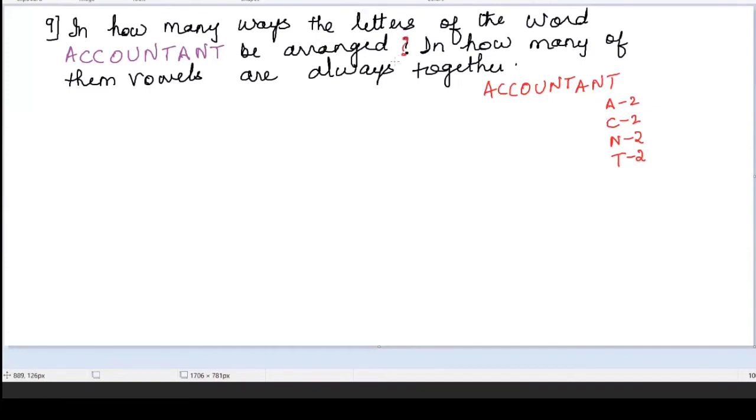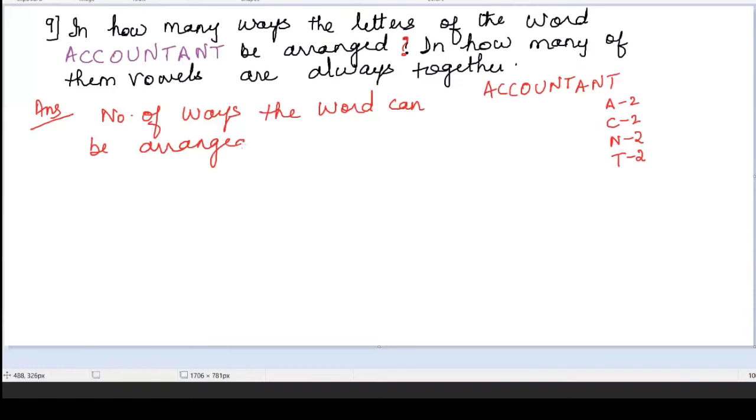So the first question is the number of ways the word can be arranged. It is 10 factorial.